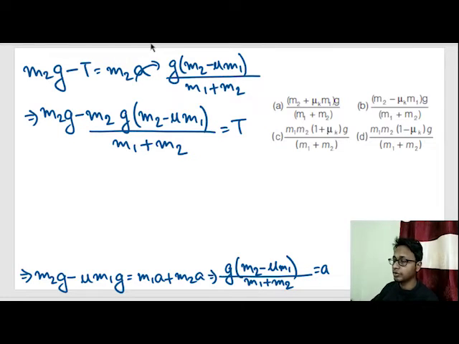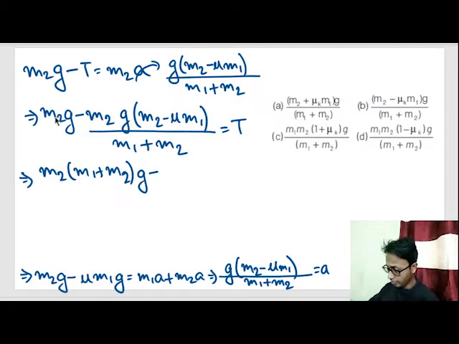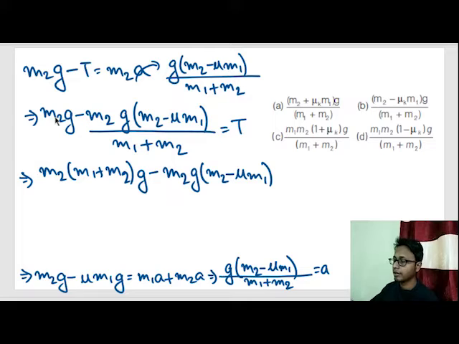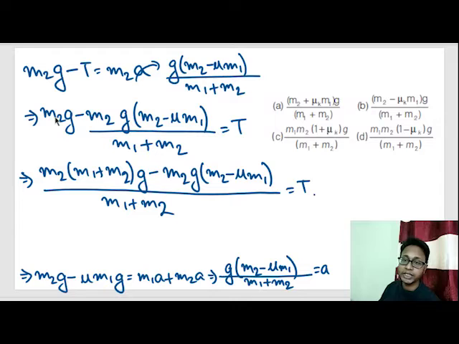Or T is equal to, can we multiply by M1 plus M2 to the left hand side with M2G? Can we take the LCM? So M2 into M1 plus M2 G minus M2G into M2 minus mu M1, all by M1 plus M2, is equal to T. Now let us take M2G common out here.